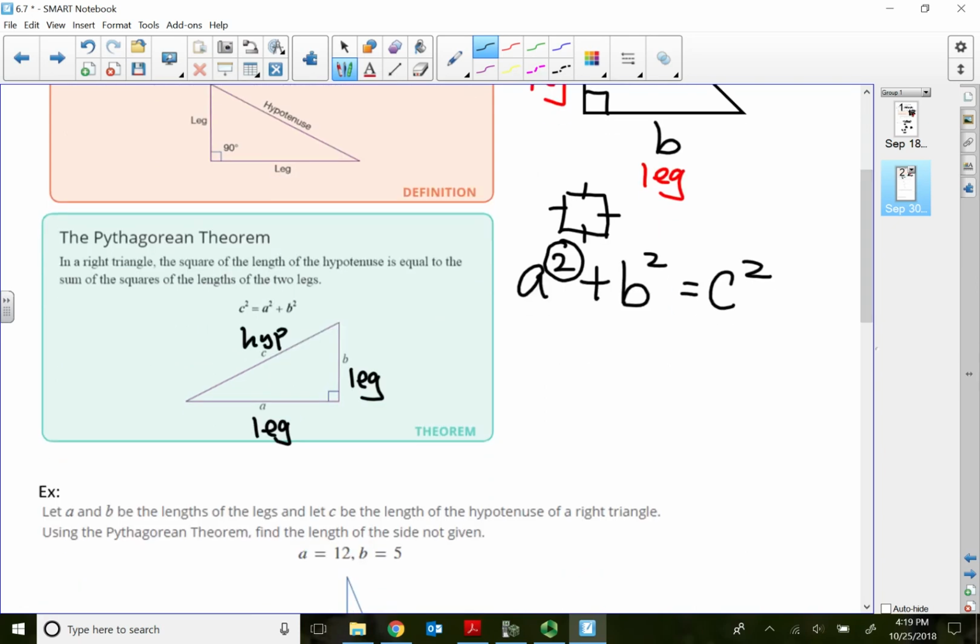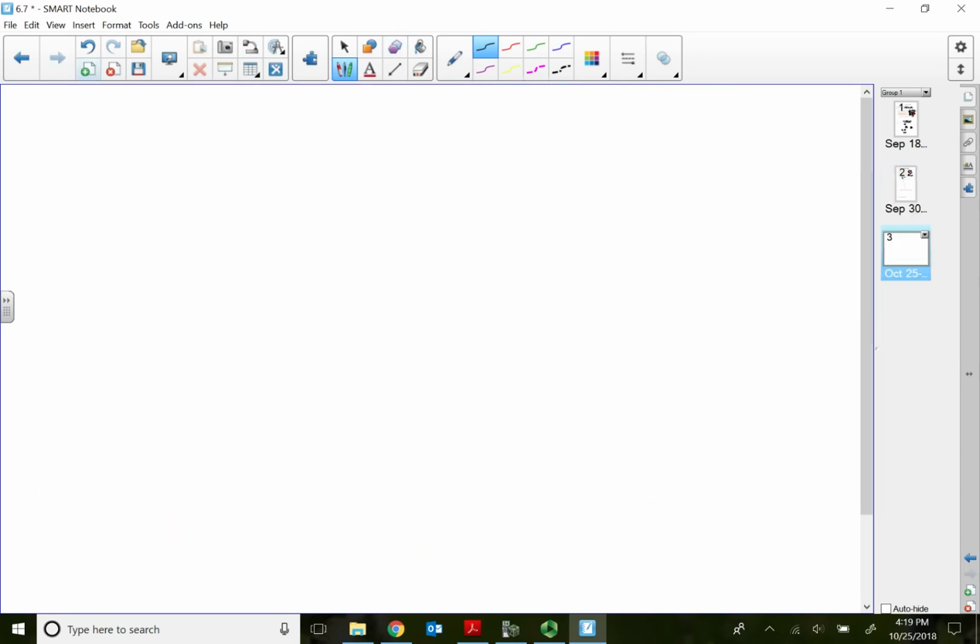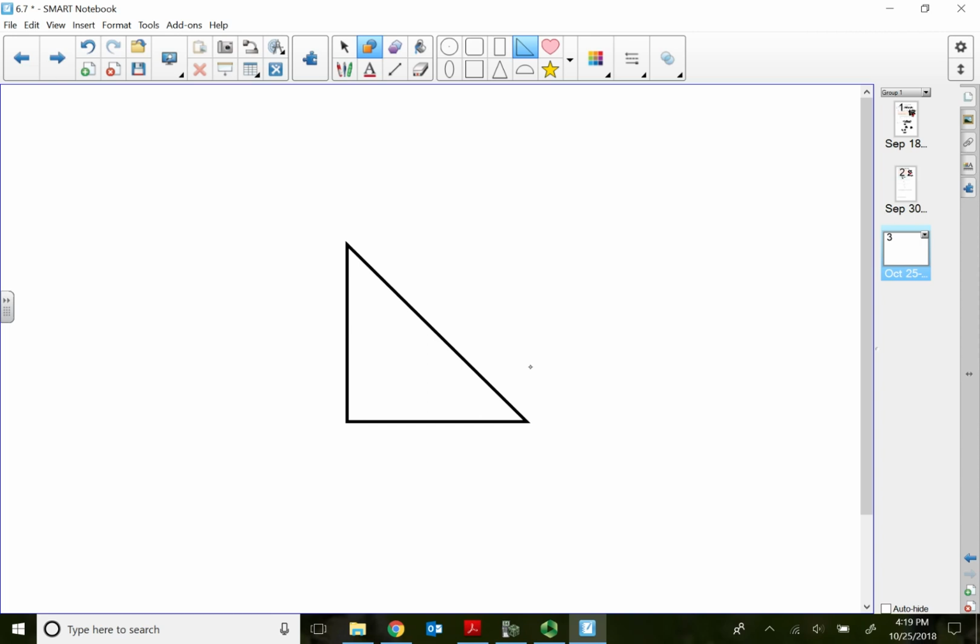Let me go to the next page. Same picture. So basically, what the Pythagorean theorem formula is saying: draw a right triangle. Let me rotate this real quick.